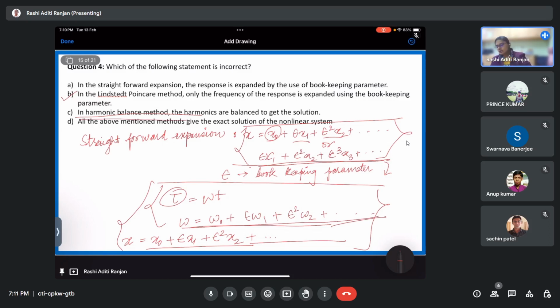So this also gives me an approximate solution. This is only applicable for the set of parameter values and initial conditions for which the system has a periodic solution. Okay, I hope that it is clear. So the answer of this question would be B and D.